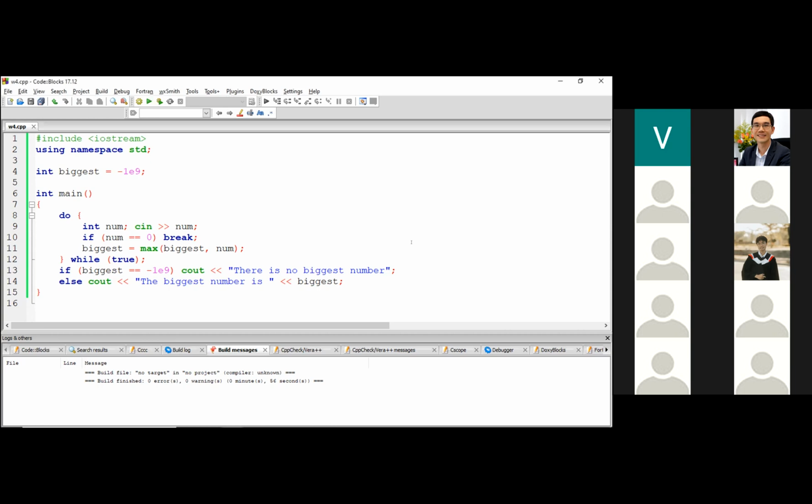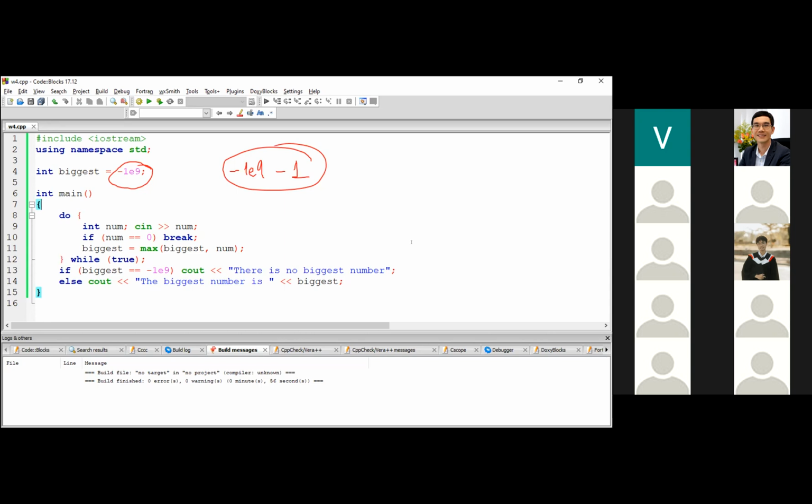Bảo Minh asked, what if... Minh Quang also asked, what if we input a number smaller than the default value you set up here? So the first problem is that if someone inputs something like minus of 10 power 9 here and minus 1, I mean it's smaller than that number.